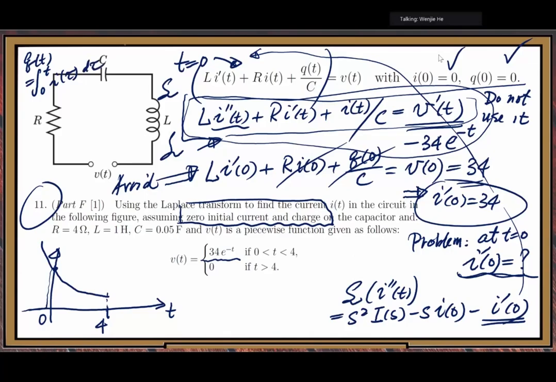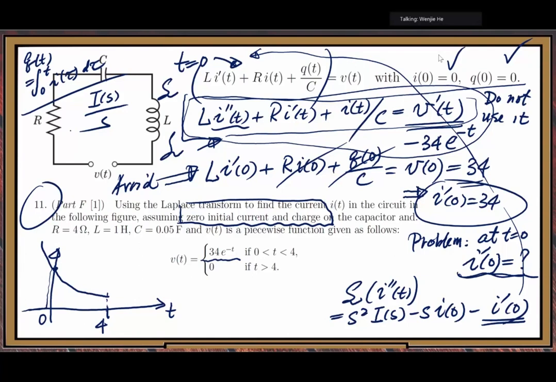When you apply Laplace transform on little q, you just apply it on this integral of I function. The formula is very simple: capital I of s divided by s. So we should not try to get rid of the integral function; we keep the integral.